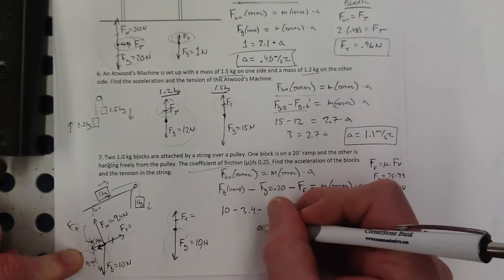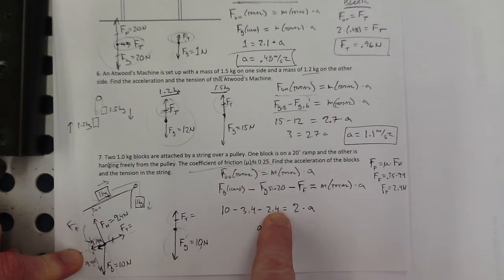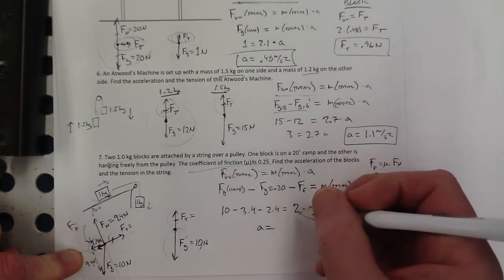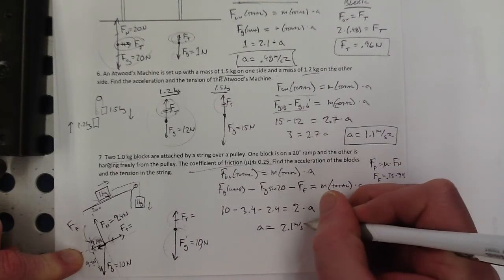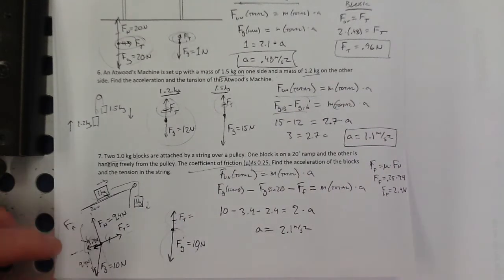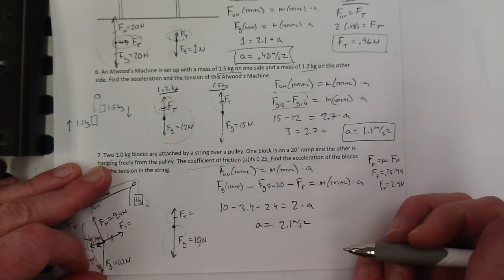All right, so it looks like we got our acceleration. So I have 10 minus 5.8 is 4.2, divided by 2 is 2.1. I think I did that math right. That's 5.8, 4.2. Yeah, I think that looks good.